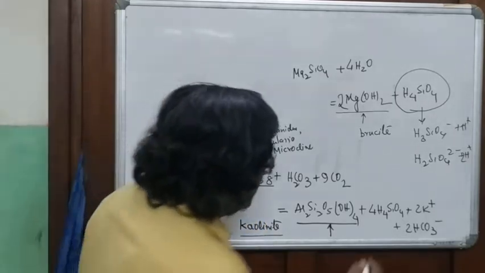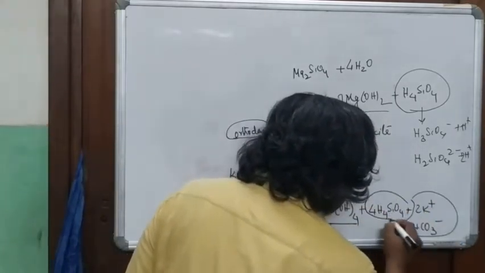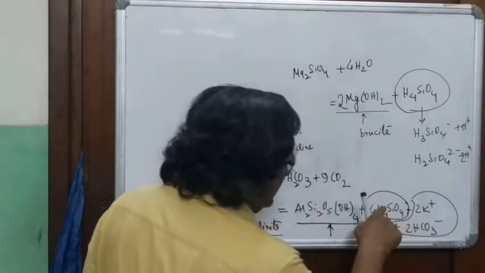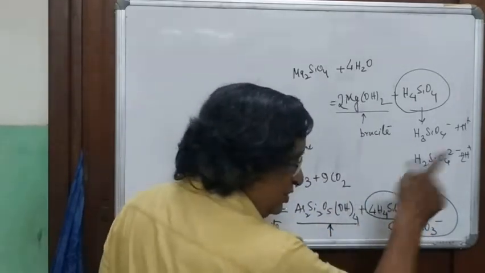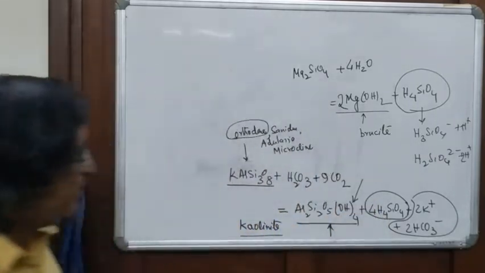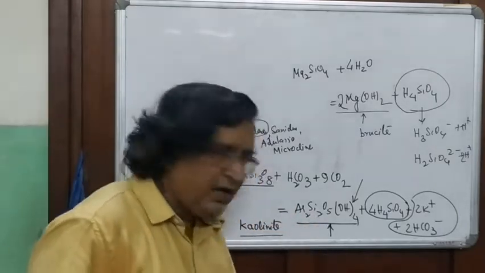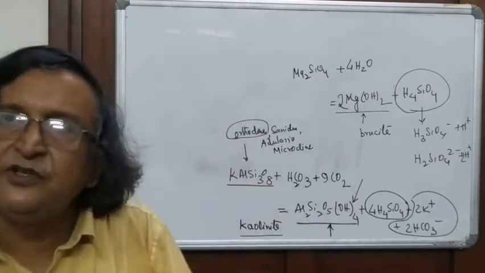Now these are dissolved. So orthosilicic acid will dissolve depending upon the pH, as I told you before, and kaolinite is a mineral which will remain in suspension. It is a very stubborn mineral, kaolinite, which remains in suspension.